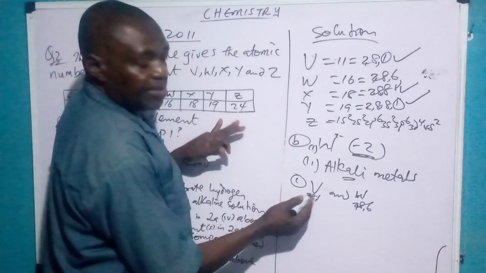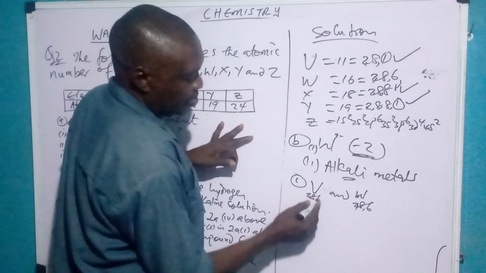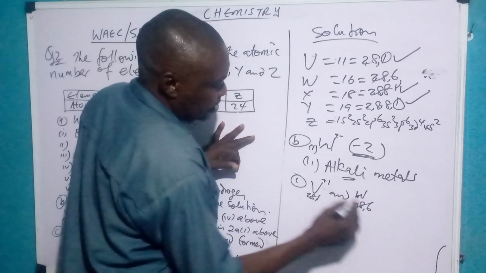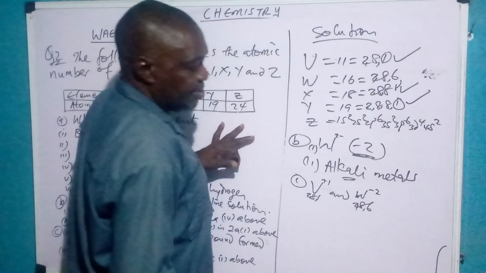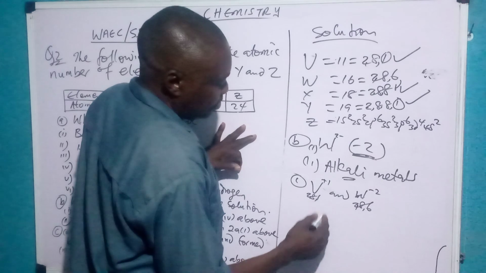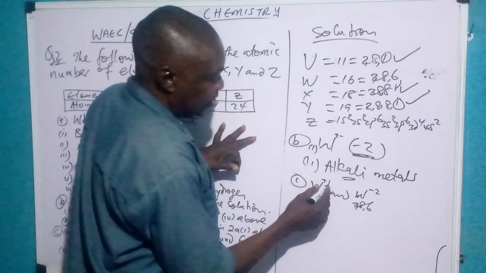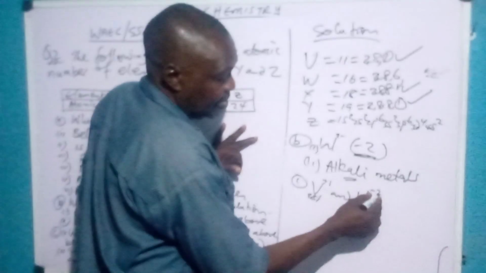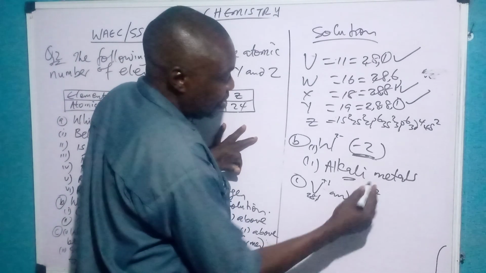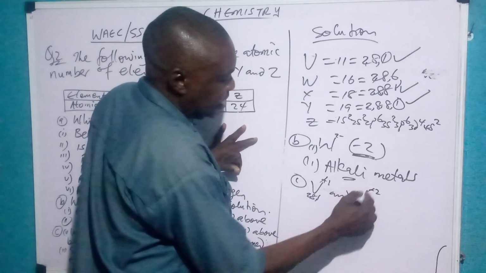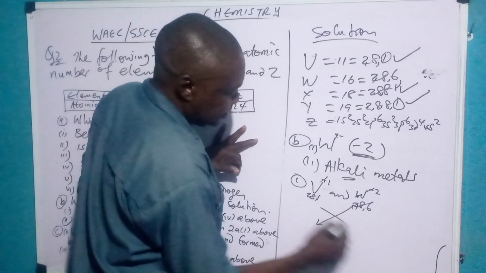So the oxidation number of this is +1, and this one is -2. There are 2 ways you can explain it. You need 2 of these to react with 1 of these for the charge to be balanced. Or you just cancel the charge and cross multiply.